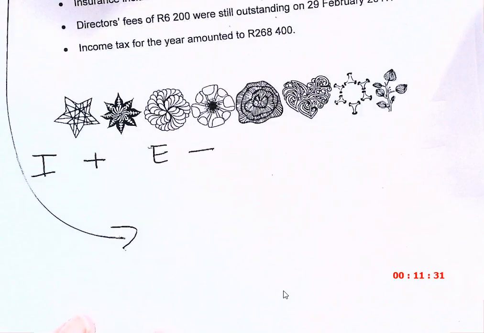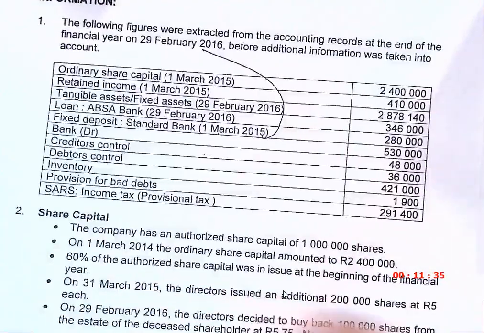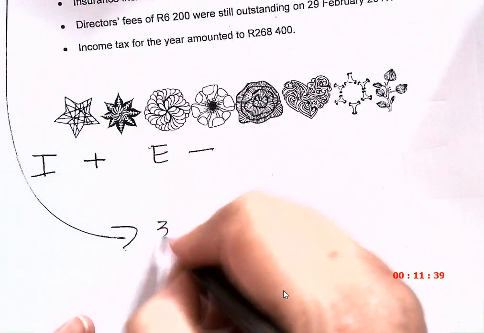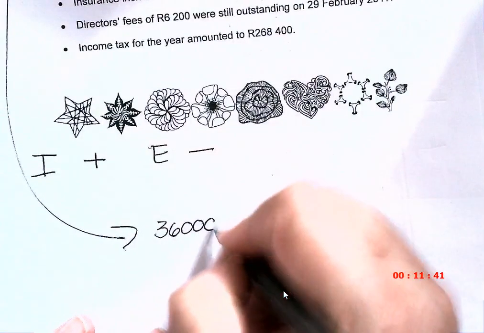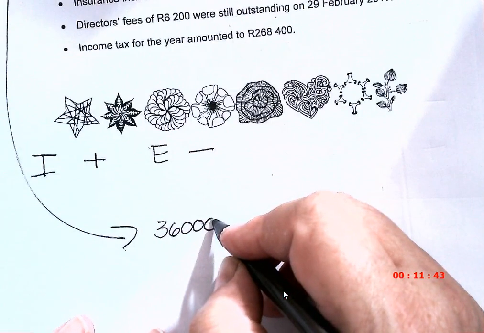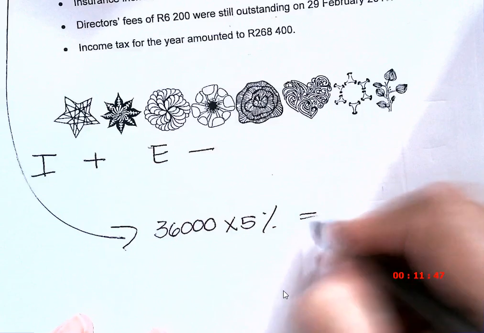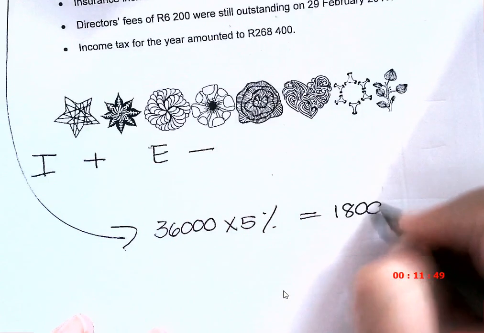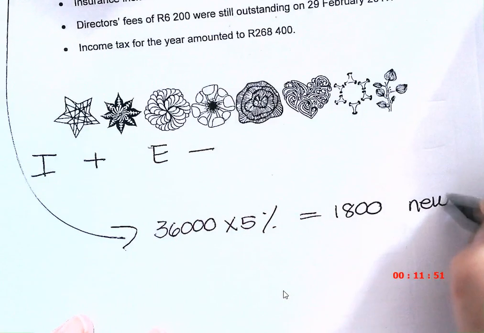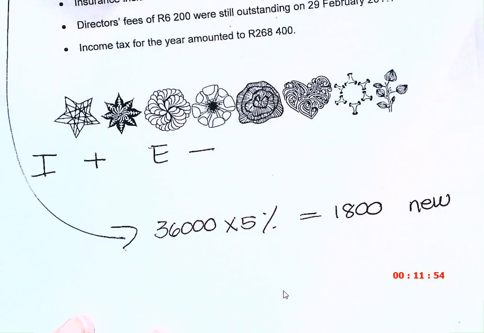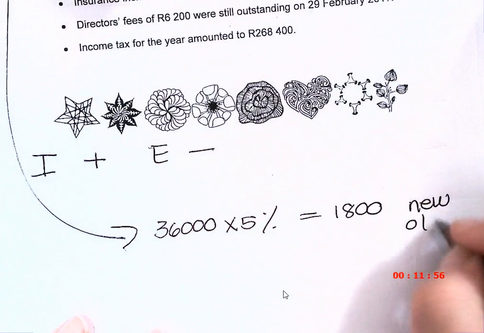Okay, so let's go look at this. What is my debtors? I look at my trial balance. They tell me my debtors is 36, so 36,000. No adjustments influence debtors up until now. Yeah. I times it with 5. It gives me 1,800. That 1,800 is the new one. Okay? What was the old one?